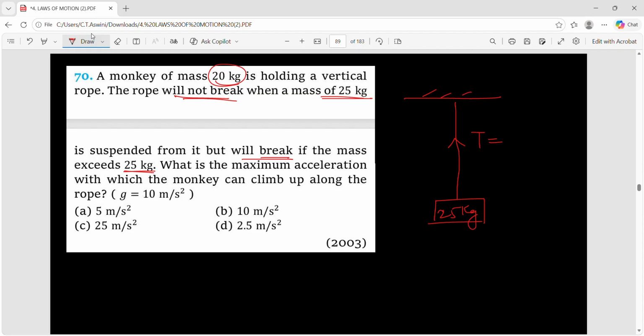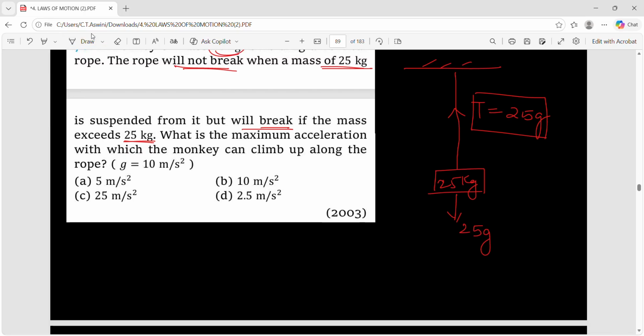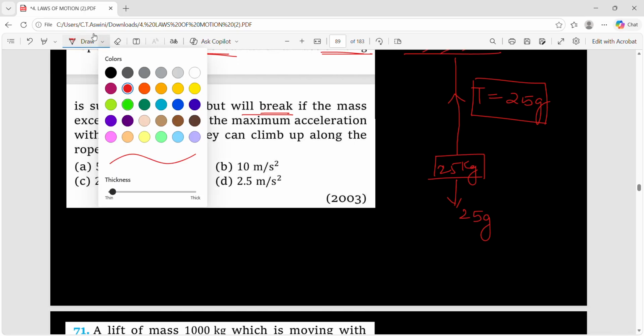That means what is the maximum tension supported in the rope? It is 25 into g. Because what is the maximum weight here? 25 into g. It will support this 25 g weight. More than that, it will not support. So you got the tension value. Tension is 25 g. If you see, the monkey mass is 20. That means it is less than 25 only. So the rope will not break.